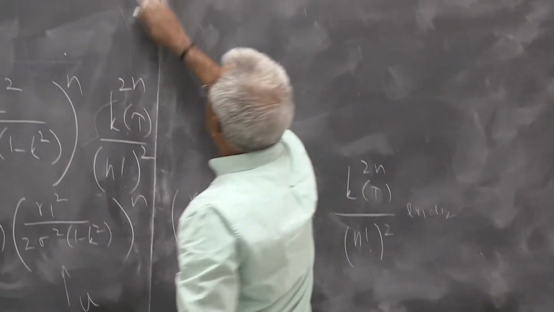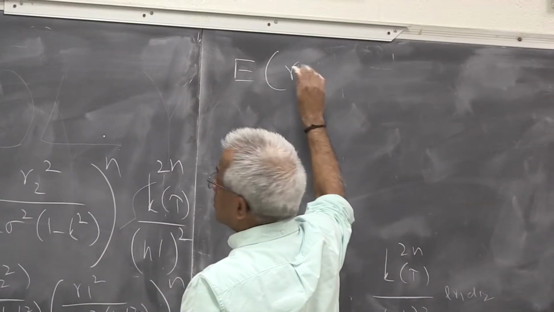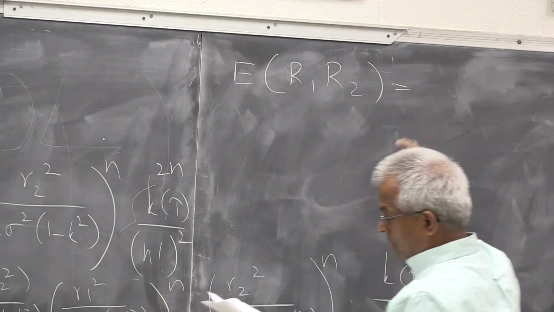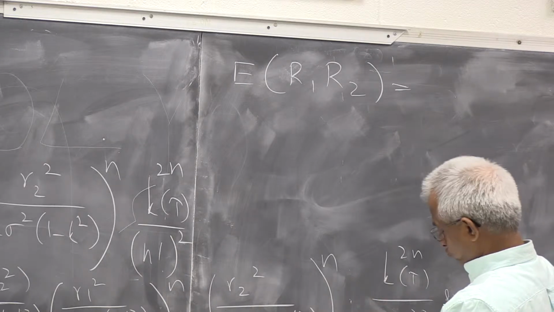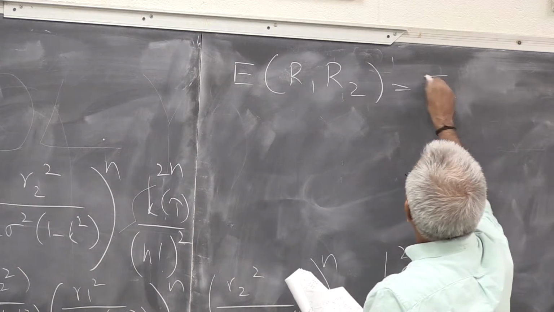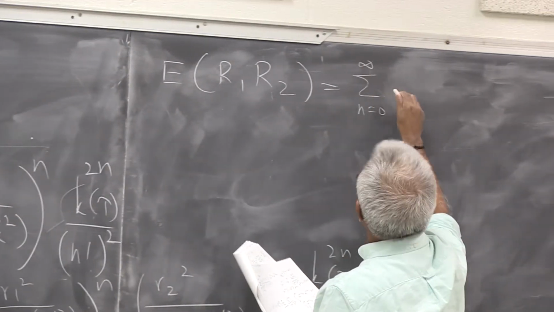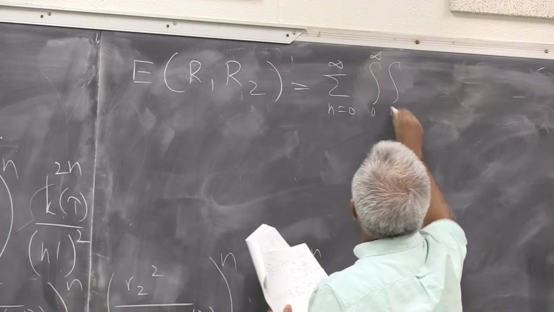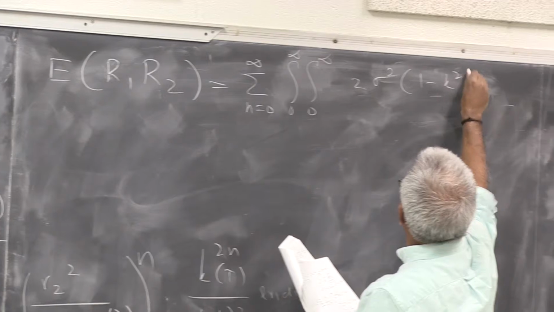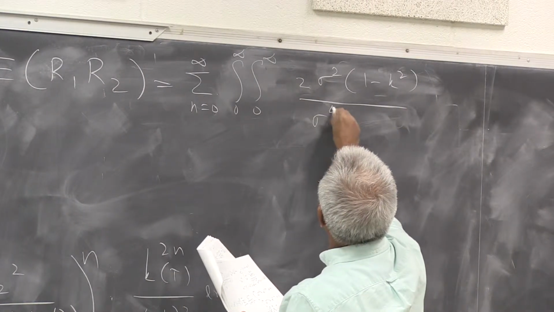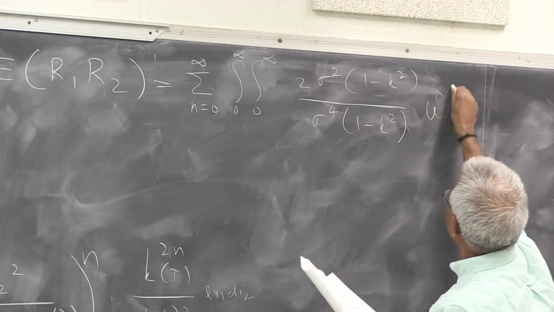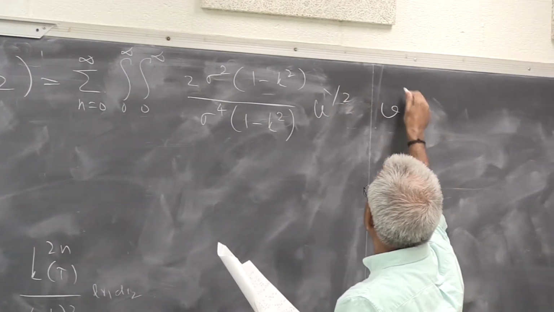So if you look at all this, the expected value of R1, R2 will turn out to be, the next step will be, summation n equal to 0 through infinity, double integral 0 through infinity, 2 sigma squared 1 minus k squared over sigma 4 1 minus k squared, u to the power half, v to the power half.